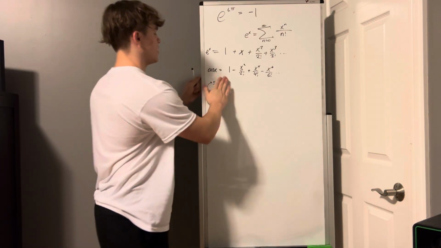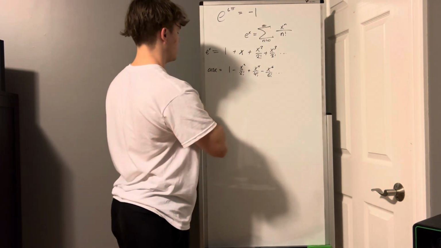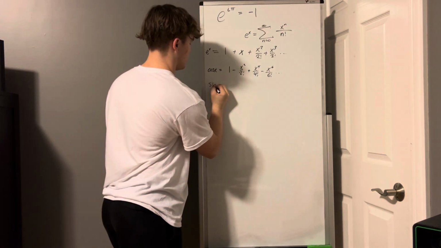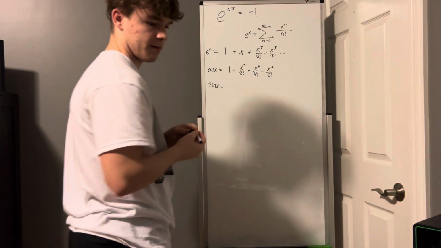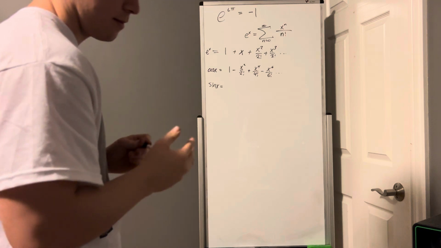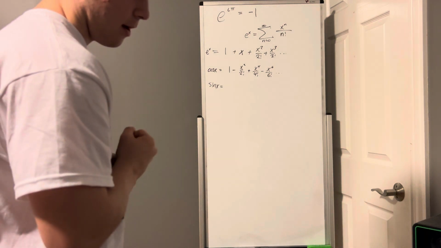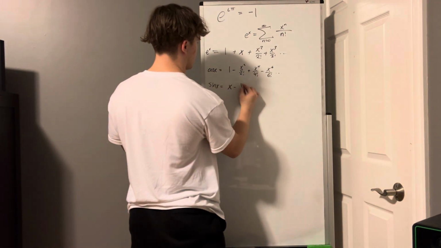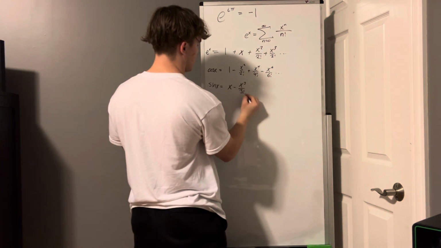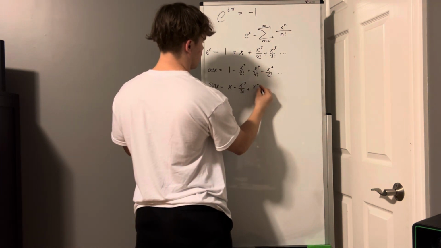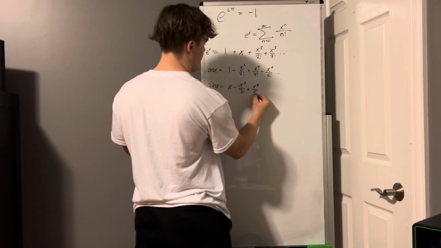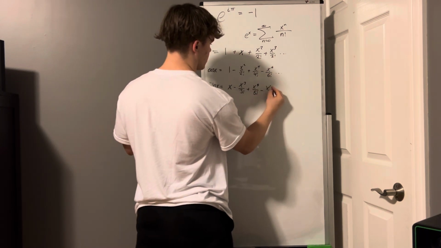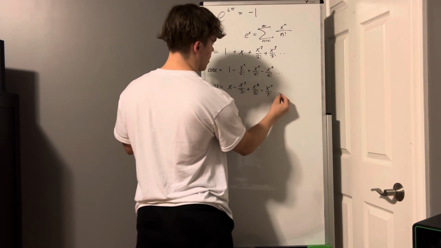This is going to give us the Maclaurin series, or Taylor series centered at 0, of x minus x cubed over 3 factorial plus x to the 5 over 5 factorial minus x to the 7 over 7 factorial, on and on and on.